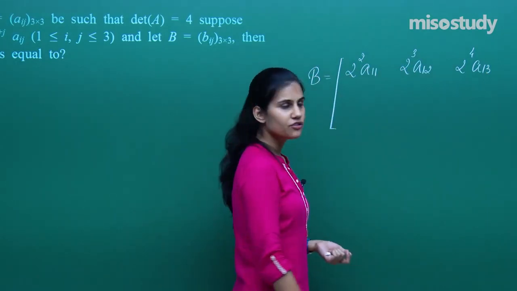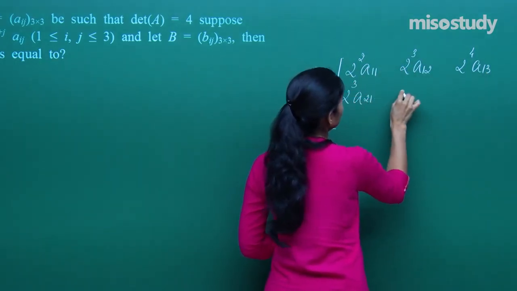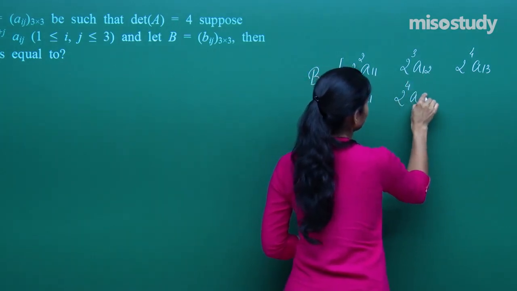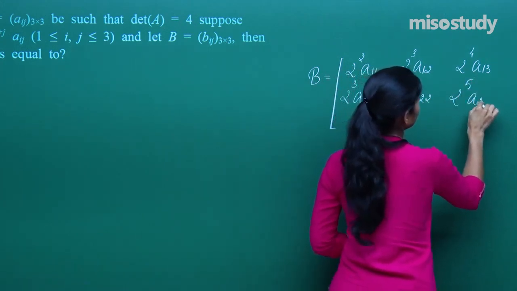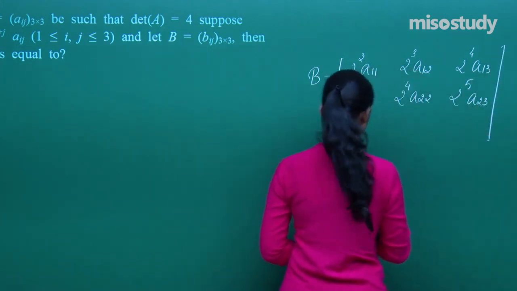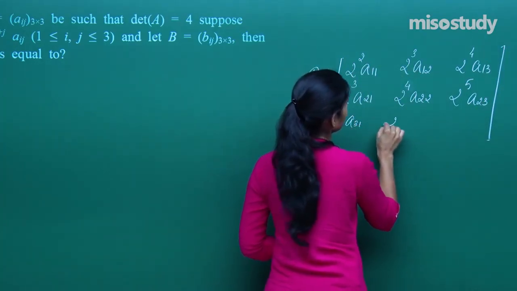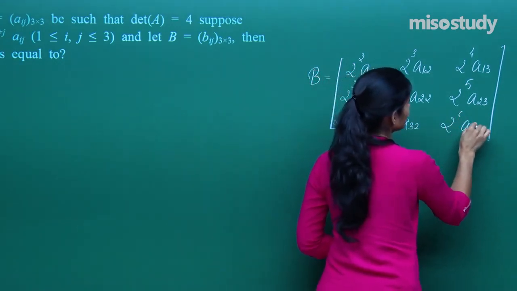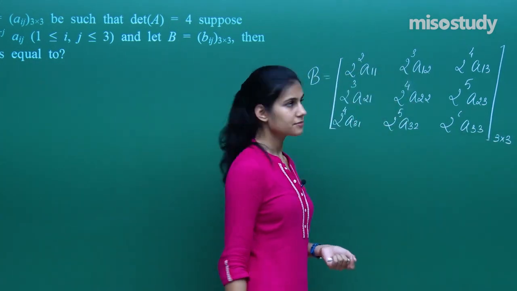Similarly, the 2/1th entry is 2 to the power 2 plus 1 a21, 2 to the power 2 plus 2 a22, 2 to the power 2 plus 3 a23. And similarly you have 2 to the power 4 a31, 2 to the power 5 a32, 2 to the power 6 a33. This is your 3 cross 3 matrix B.